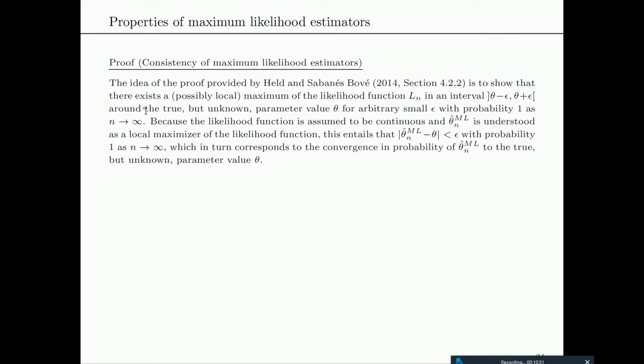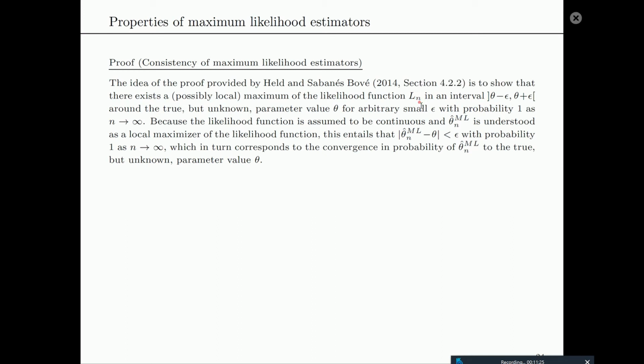So the idea of the proof that you can find in the Held book is to essentially just show that there is a maximum of the likelihood function in an interval around the true but unknown parameter value, for an arbitrarily small epsilon with probability 1. As n goes to infinity, this is why this is always a little bit hard to study, because there are multiple things that happen at the same time.